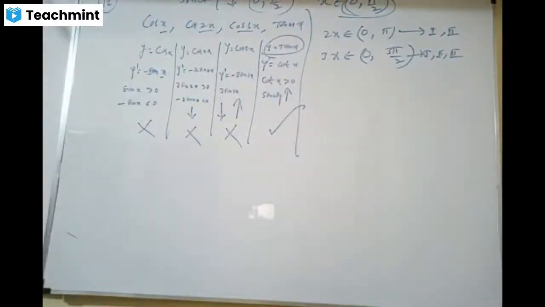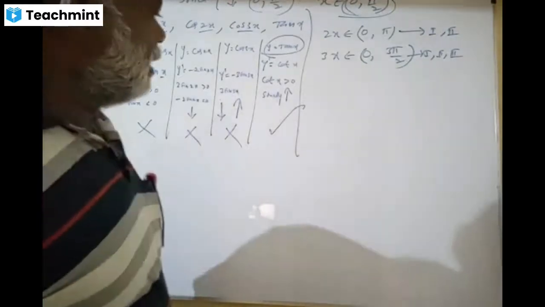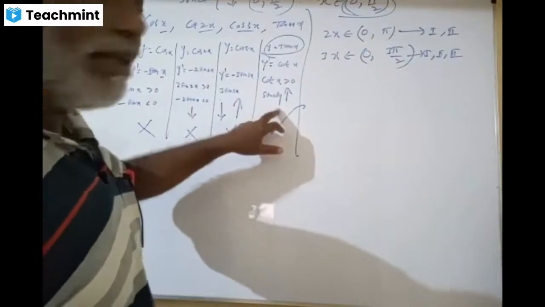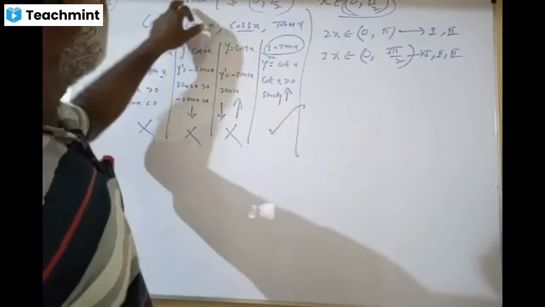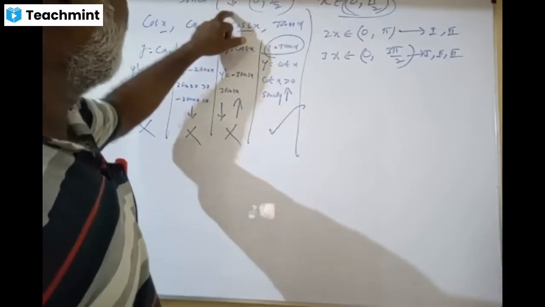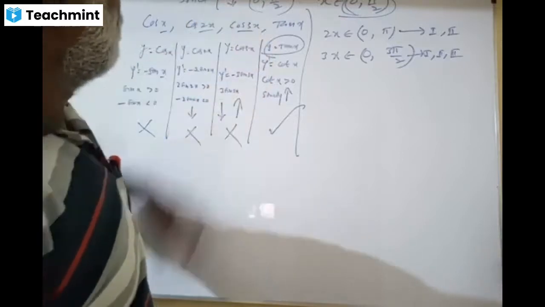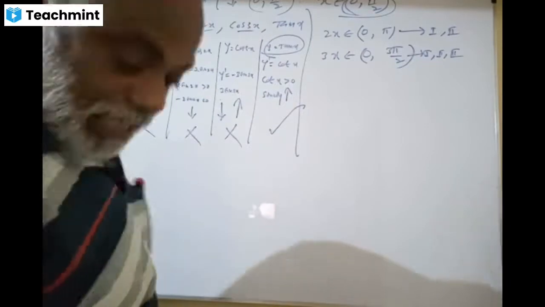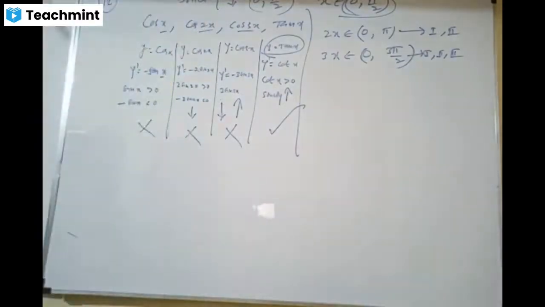But tan is increasing. Wait, something is wrong here. They're asking which of the following functions is strictly decreasing, but tan x is strictly increasing. They asked for decreasing, sir. Oh, okay, decreasing. Yes, the question part.